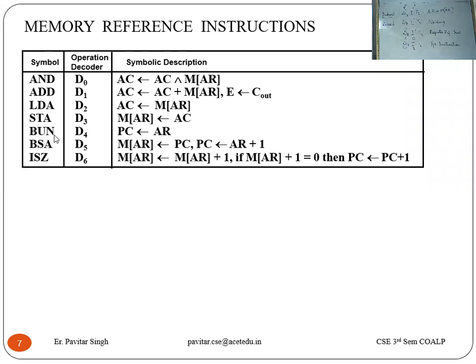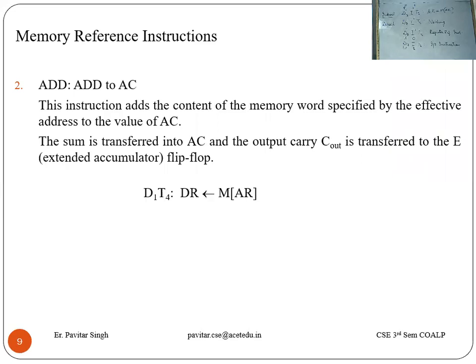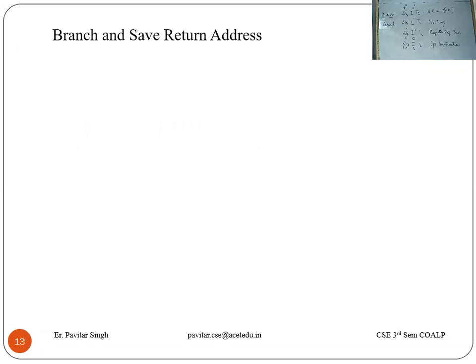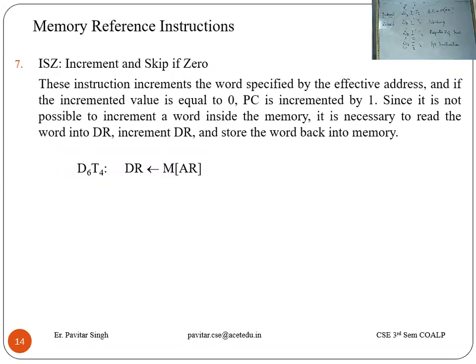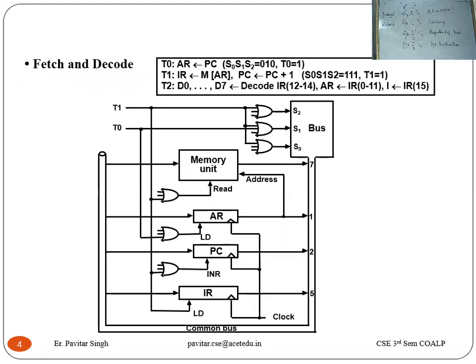BUN, branch unconditionally, D4 will be used. BSA, branch and save return address, D5. ISZ, right? So we will be covering all these discussions in the next lecture, right? ISZ stands for increment and skip if zero, right? So this is done for today.